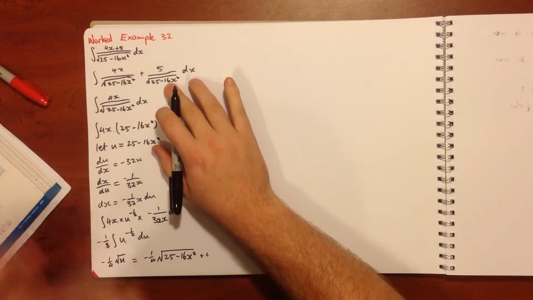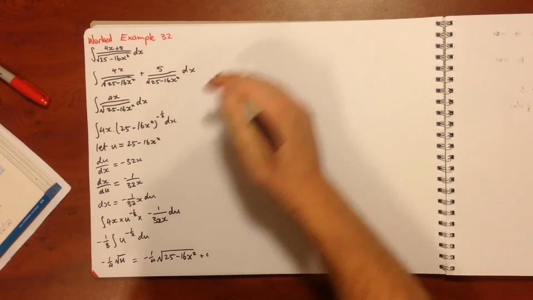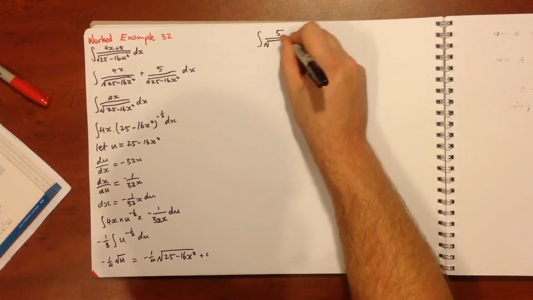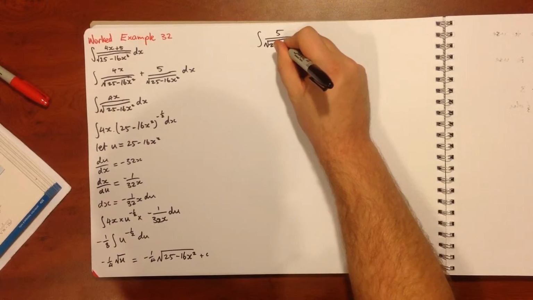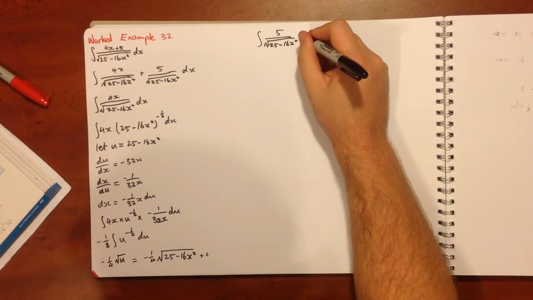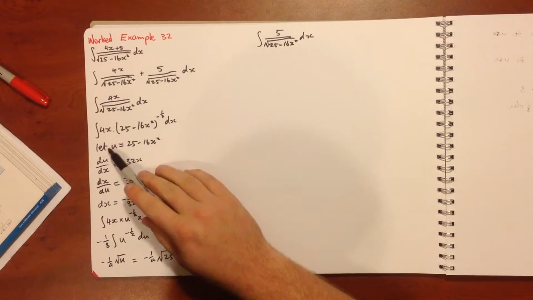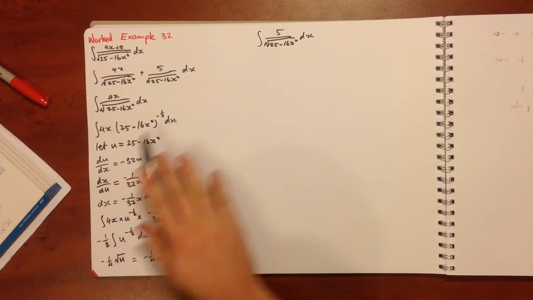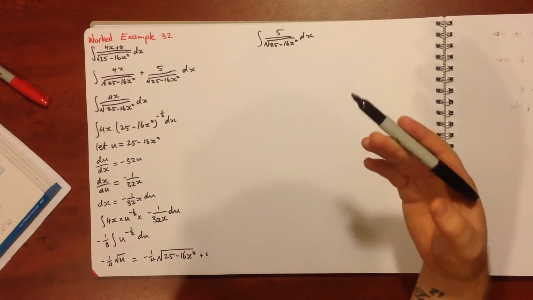Okay, so then we need to look at our second half, which is our integral of 5 over the square root of 25 minus 16x squared dx. Well, we've already used u, so you really shouldn't be using u again because you've already defined u as this. If you're going to define u as something else, it doesn't really make sense.